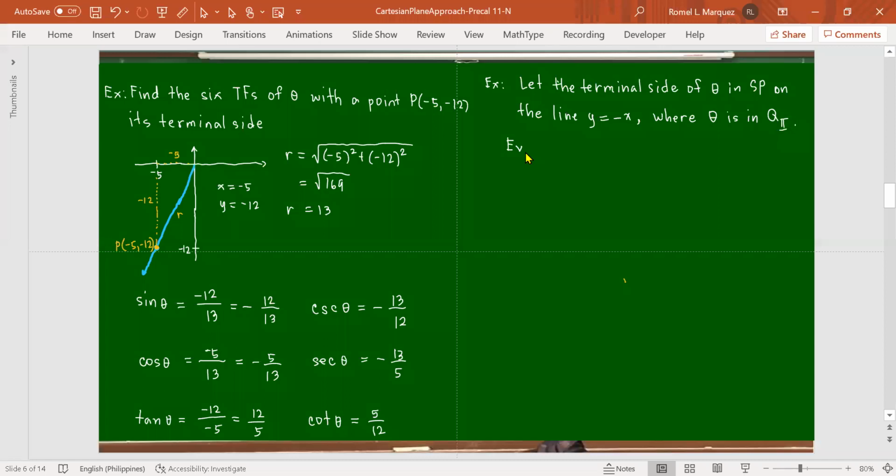Evaluate: sine theta plus cotangent theta all over cosine theta minus secant theta. What is the value of this expression given this info?